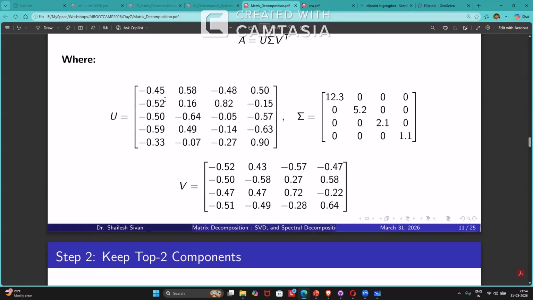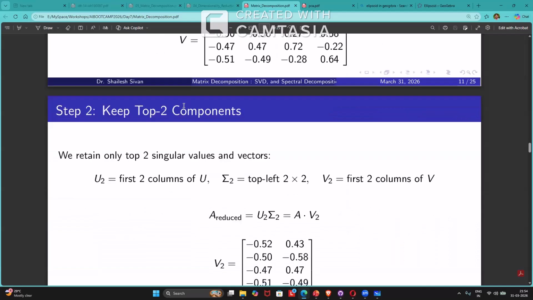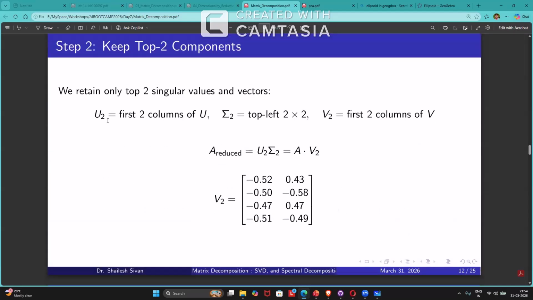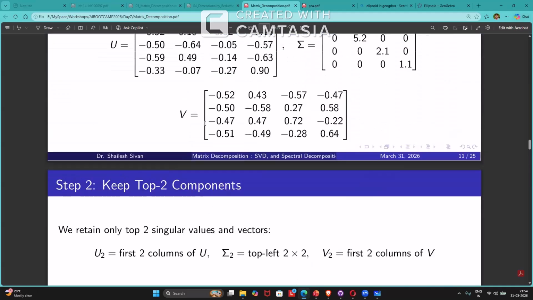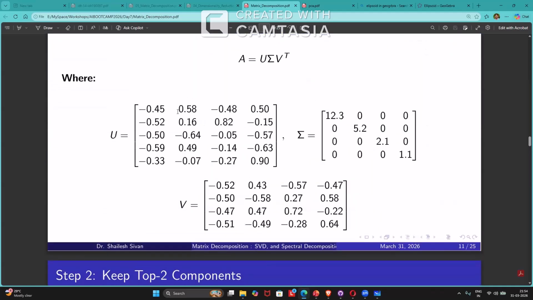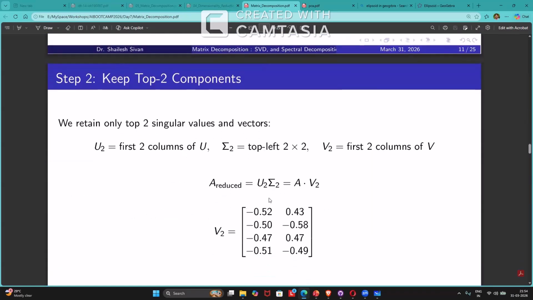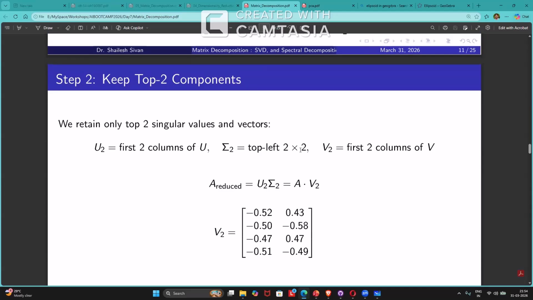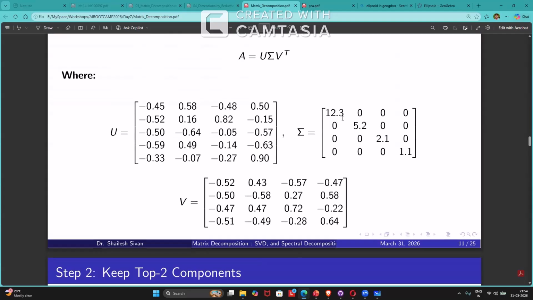These 2 vectors correspond in U. So consider U2, the first 2 columns of U. Then we have to construct sigma 2, the top left 2 by 2. That is this.